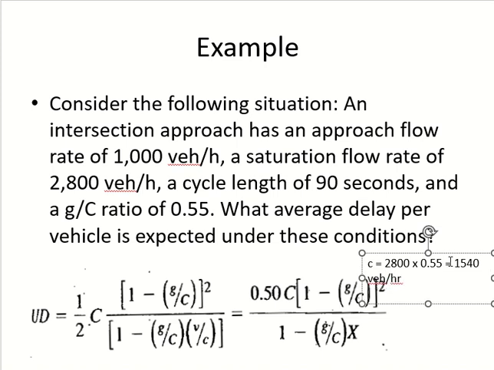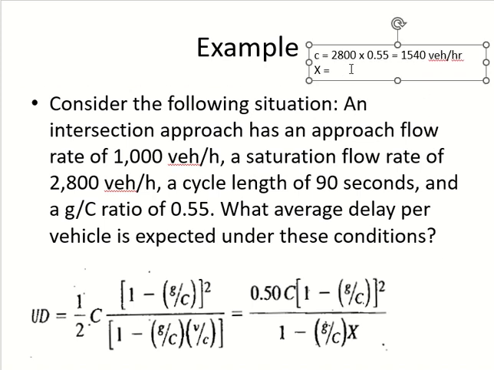Okay, now the X, V by C, is how much now? How much is X? So my V is how much? What is my V? 1000. 100. Sorry? 100. Okay.